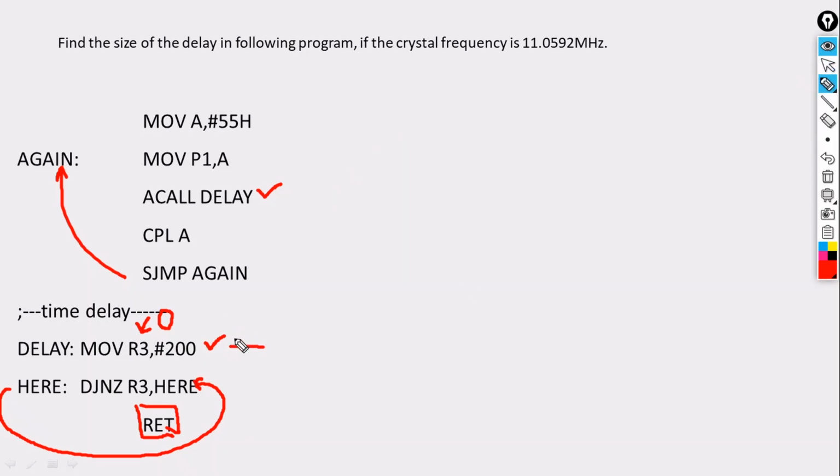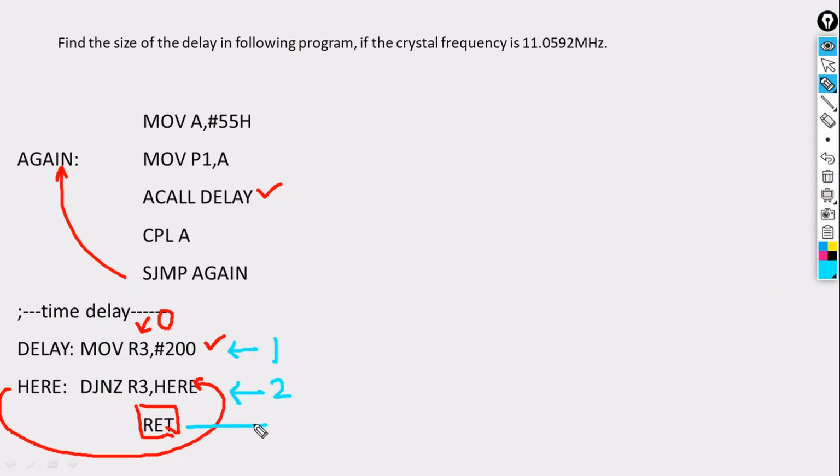Here we are performing a move operation, so this is going to take one machine cycle, and the DJNZ operation is going to take two machine cycles.